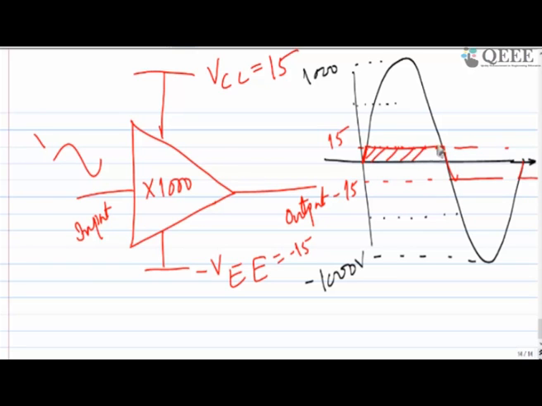Or we can say that this circuit has amplification beyond VCC and VEE, but it will be saturated or clipped off. We don't want that, but you cannot avoid that situation either.